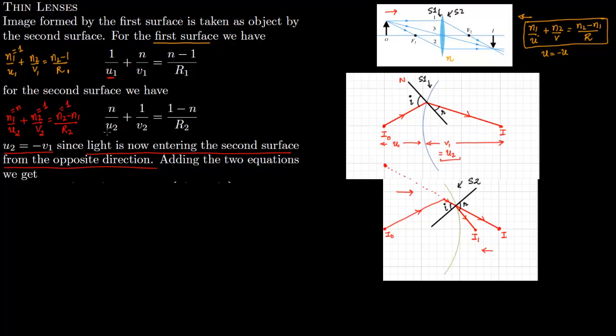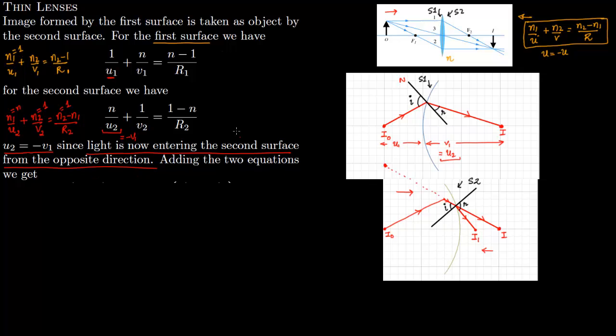So this is now considered as the object for the second surface. You can think of light entering from this direction, or you can say the object is here, in the direction of the incident light.